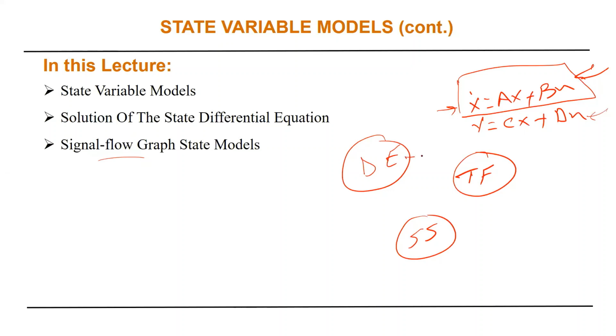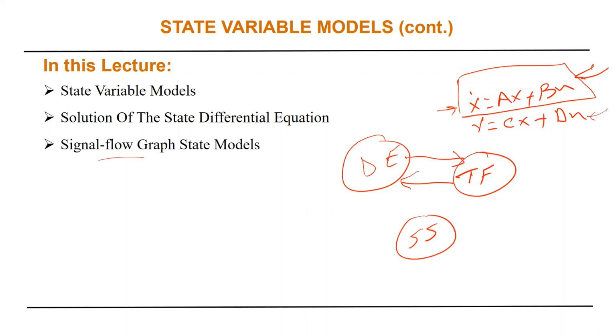If you remember, those are related by just taking the Laplace transform over the differential equation and setting the initial condition to 0. You'll get the transfer function model, and from the transfer function model you can go back by changing every s variable into a derivative.